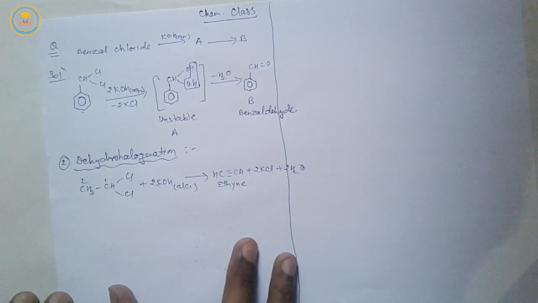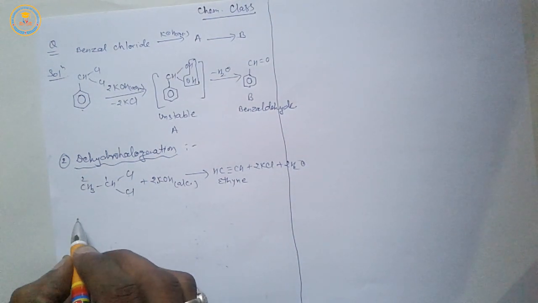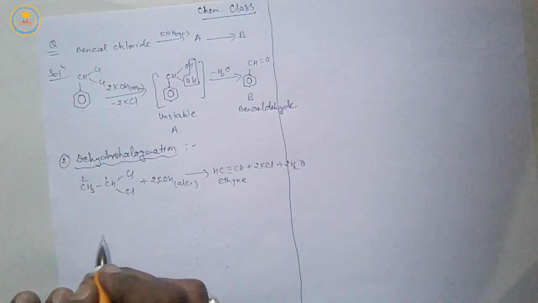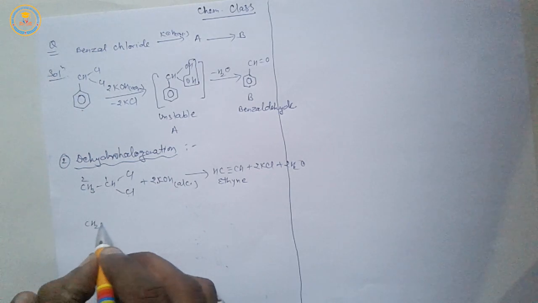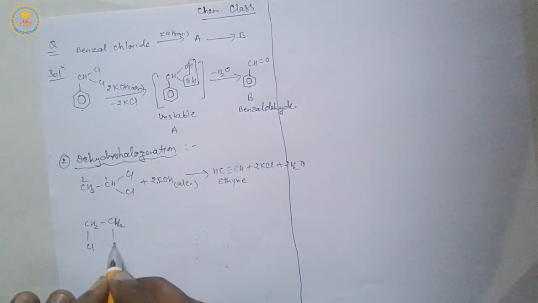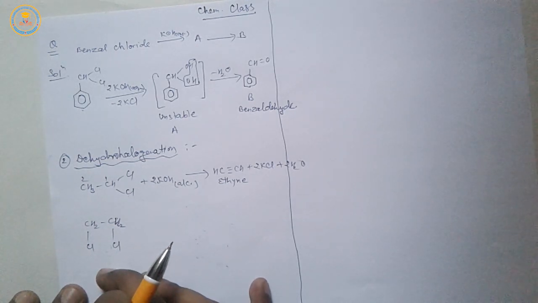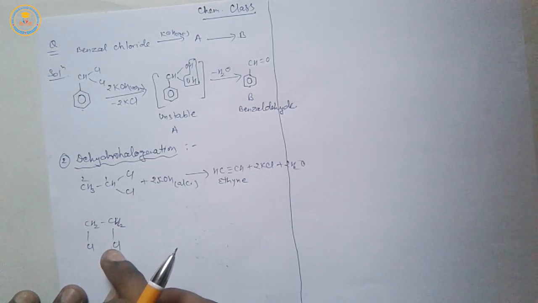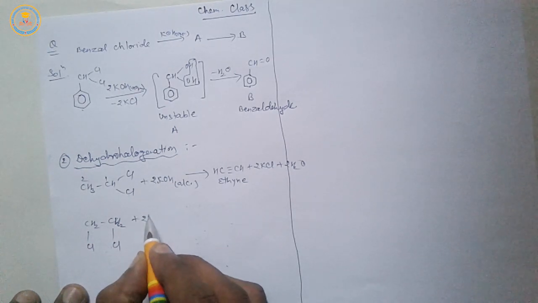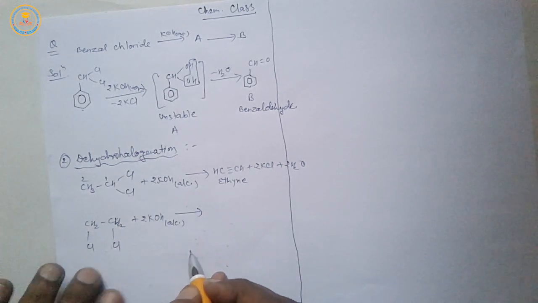Similarly, vicinal dihalide reacts with alcoholic KOH to form alkyne. For example, it is a vicinal dihalide, 1,2-dichloroethane, treated with alcoholic KOH.